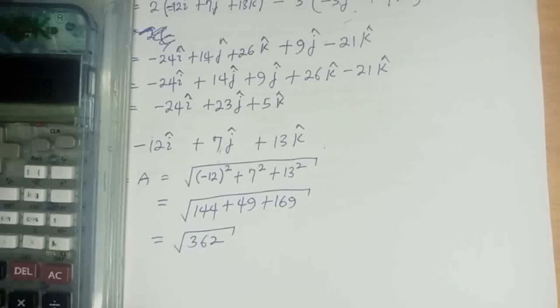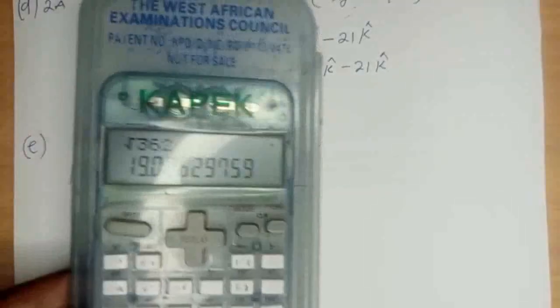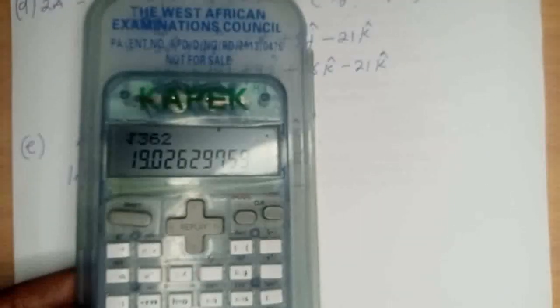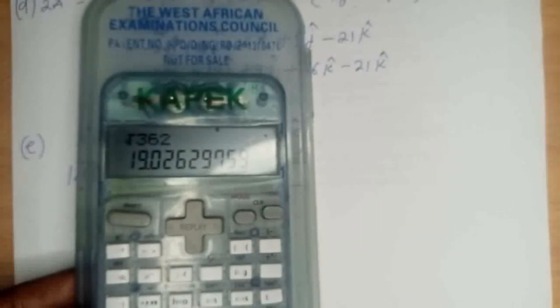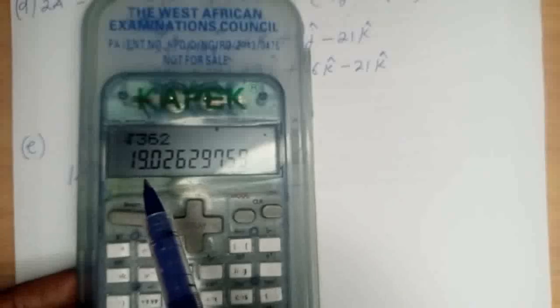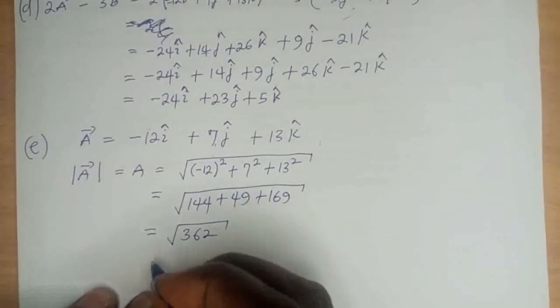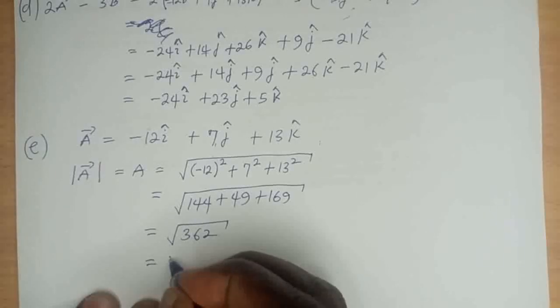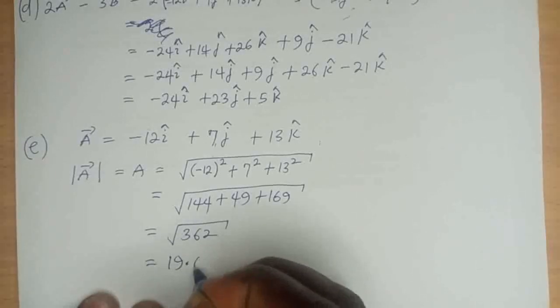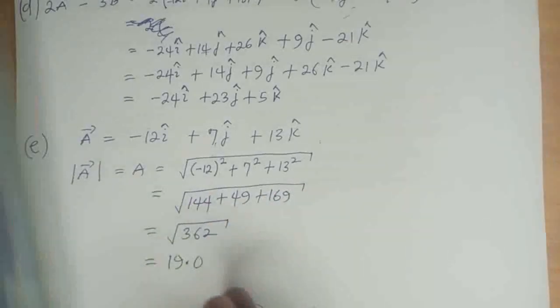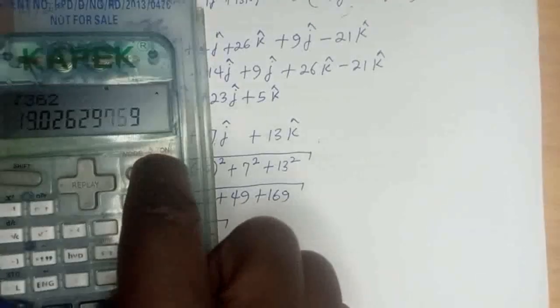The square root of 362 is 19.026. Correct to one decimal place, it will just be 19.0. So this is equal to 19.0.